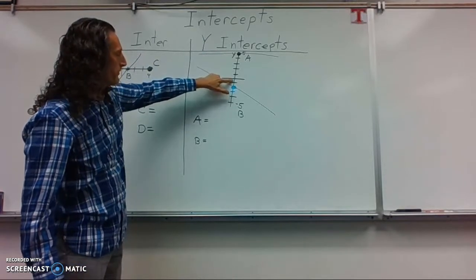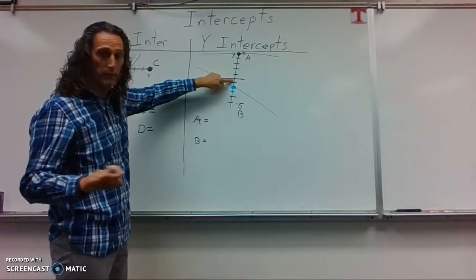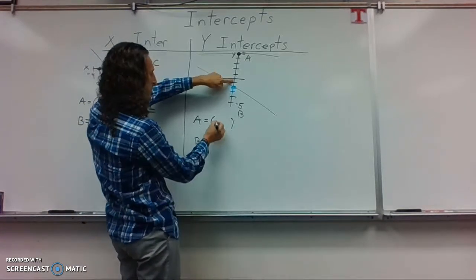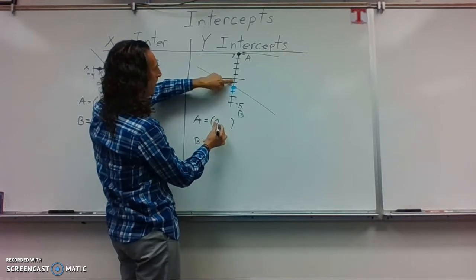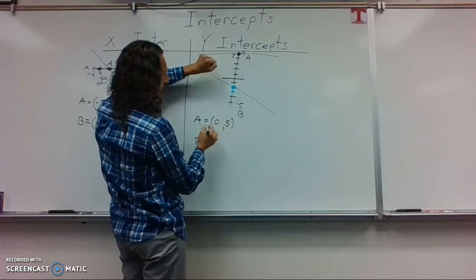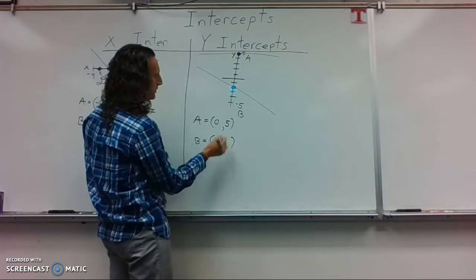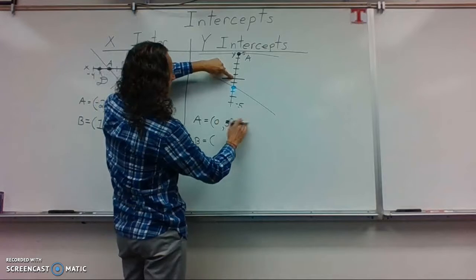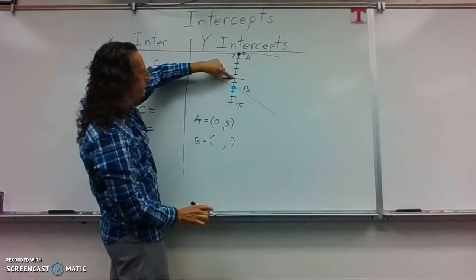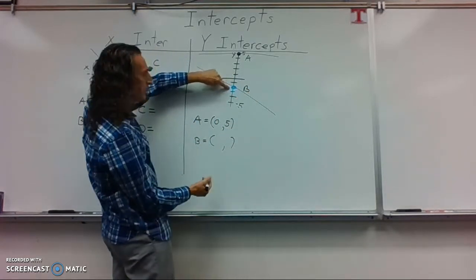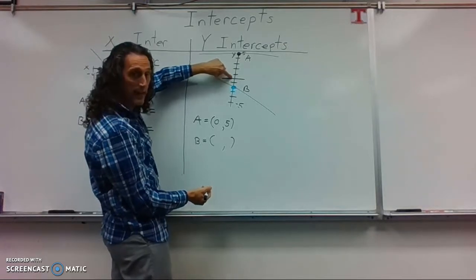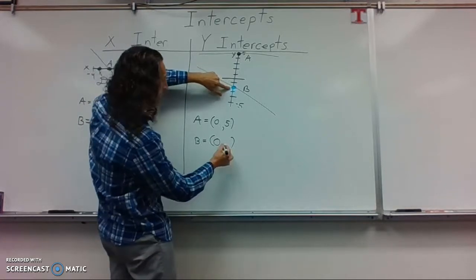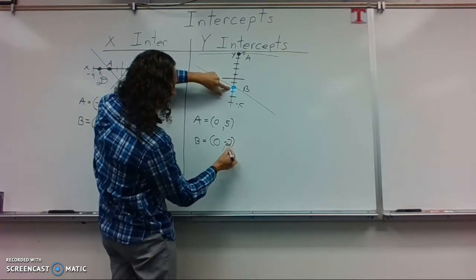So let's look at where these coordinates are. So here's my origin. Since I don't go anywhere, left or right, there's no movement, my x is 0, and I just go up 5. So my y is 5. Start back at my origin, and to get to B, I just go down 1, 2, that's negative 2, but again, did I go anywhere side to side? No. So my first term is 0. My second term, my y term, is negative 2.